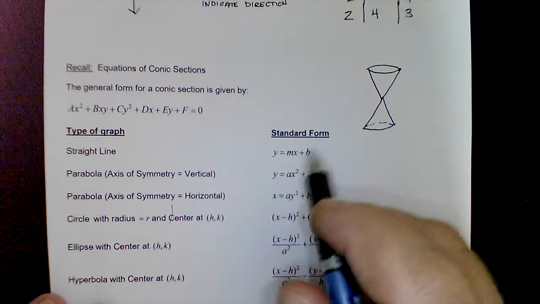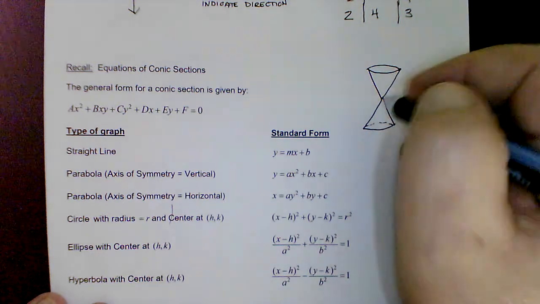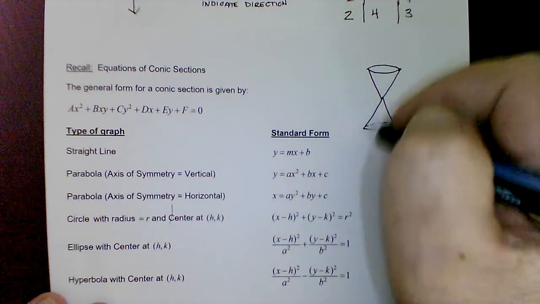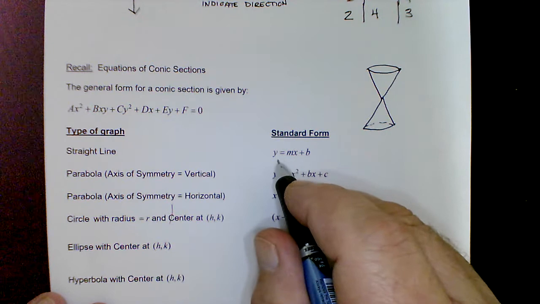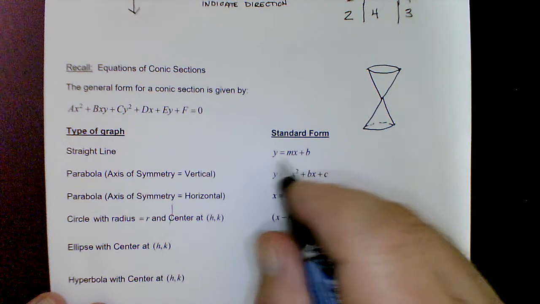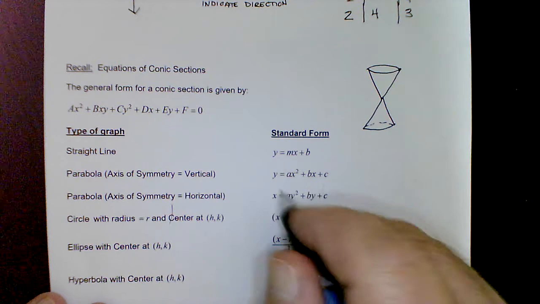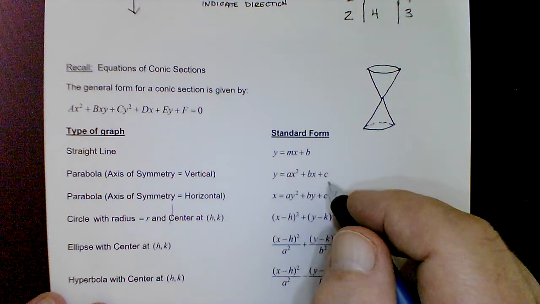And so we're all familiar with the straight line. That would be if we sliced it along the diagonal. And pay attention to the degrees of x and y. That basically dictates the type of graph that we have.